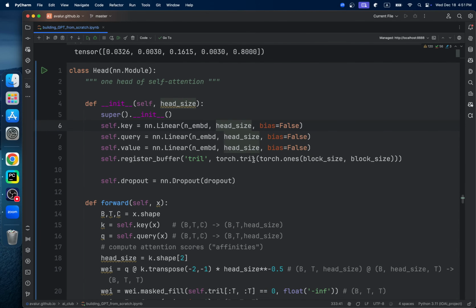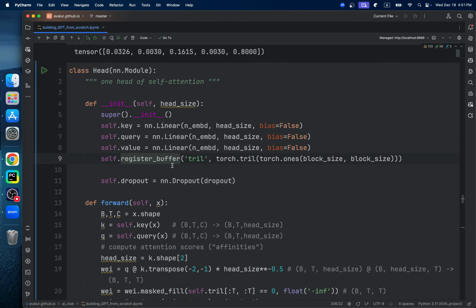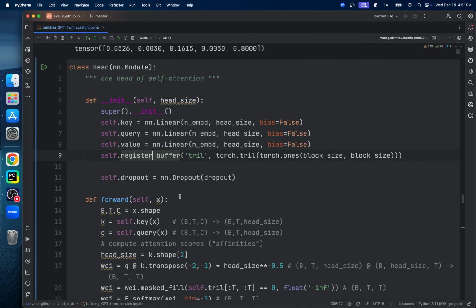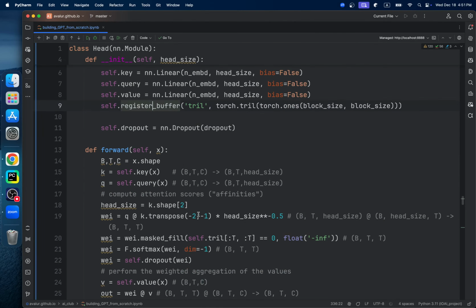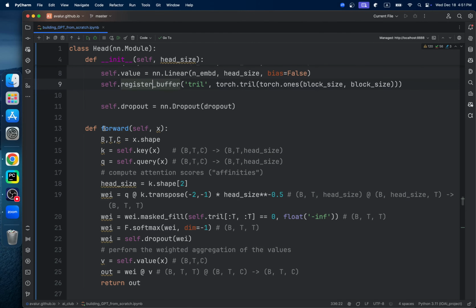And here we create the masking matrix for attention in the decoder. Here we won't use dropout. It simply will be 0, so it's not important for now for the attention mechanism. And this is the forward pass.